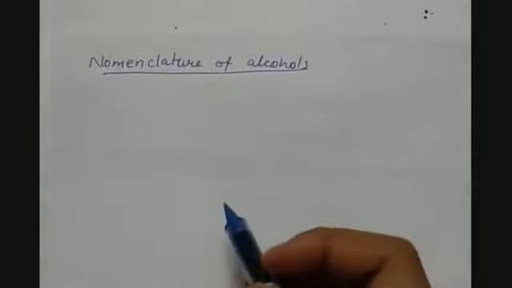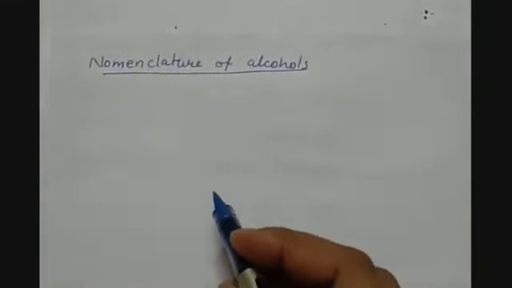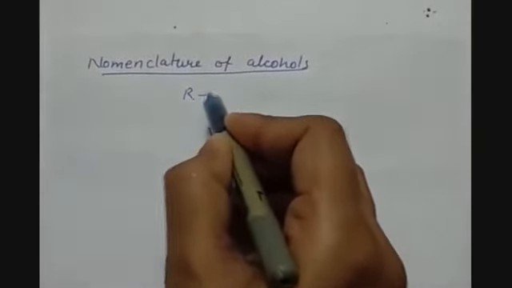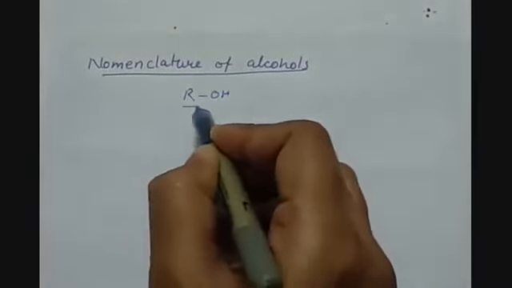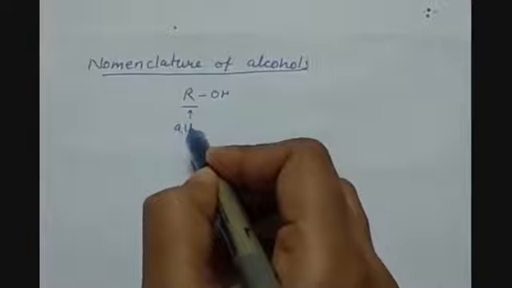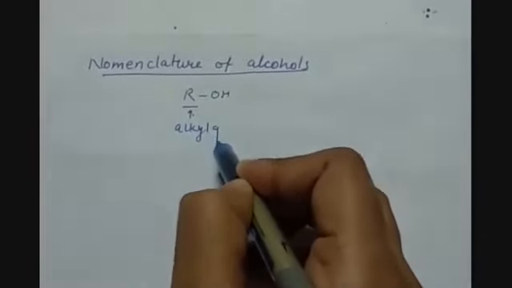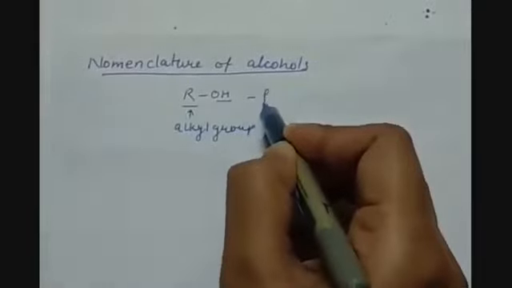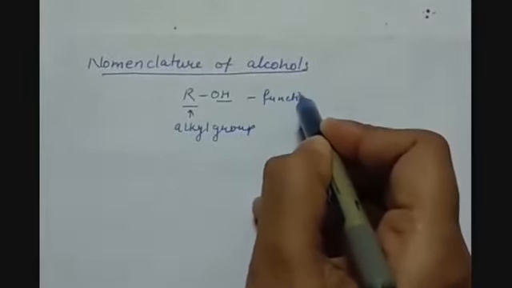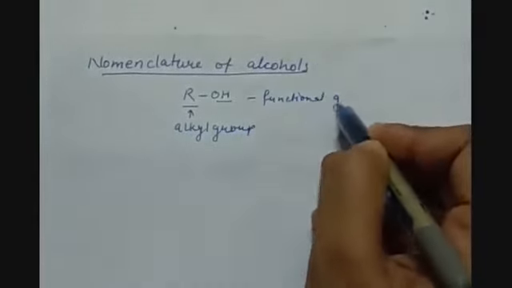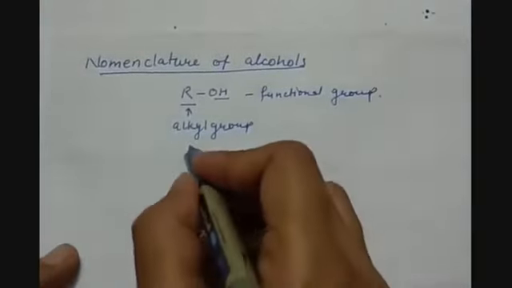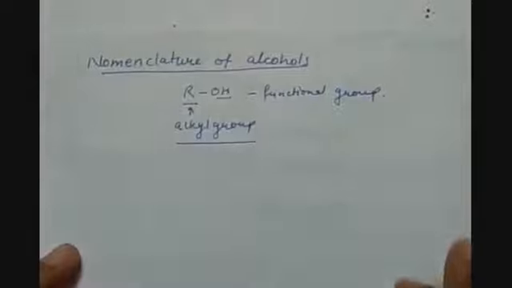As we know, alcohols are functional groups and they are written as ROH, where R is the alkyl group and dash OH is the alcohol functional group. Let me first tell you about alkyl.